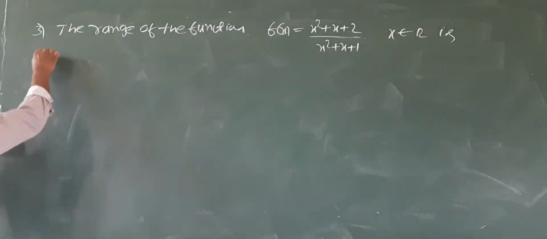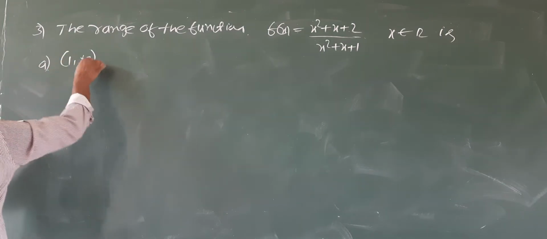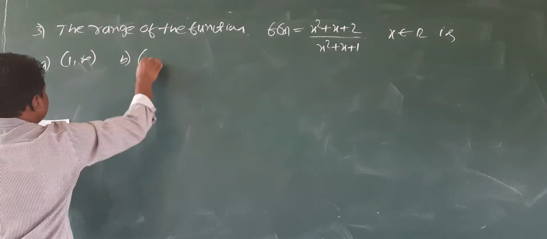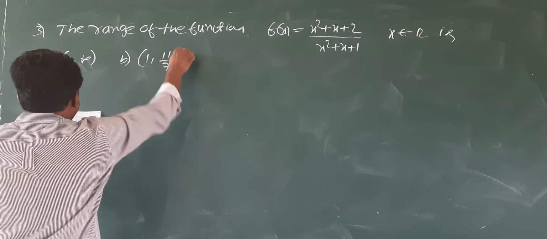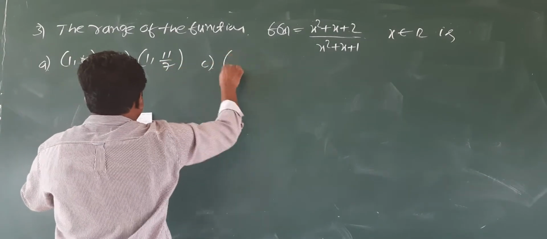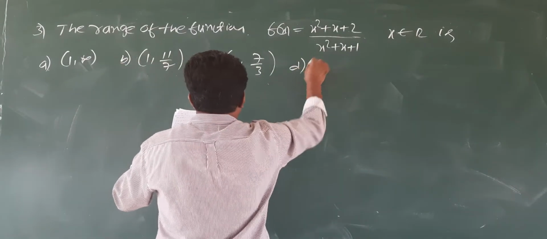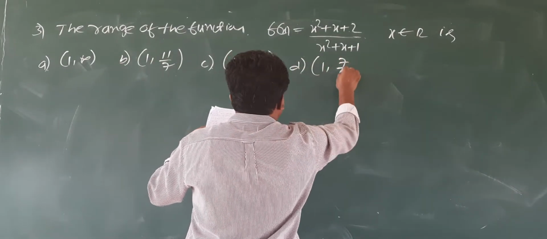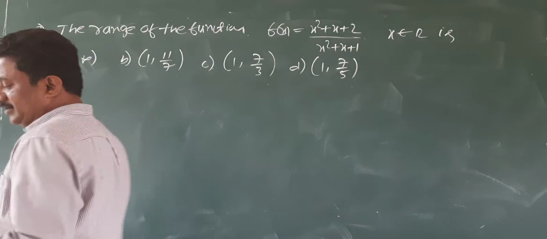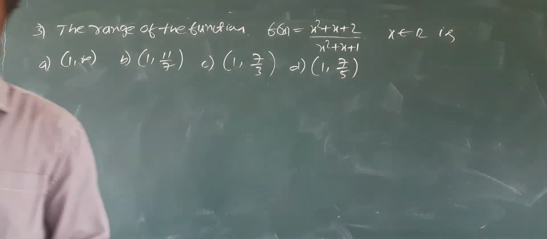Option A, 1 to infinity. Option B, 1 to 11 by 7. Option C, 1 to 7 by 3. Option D, 1 to 7 by 5.